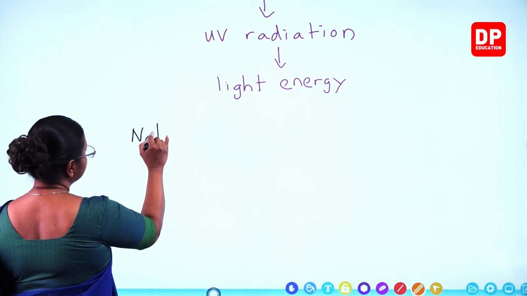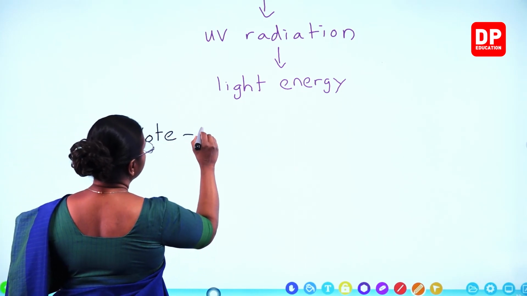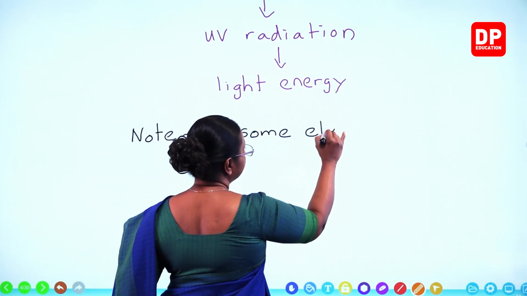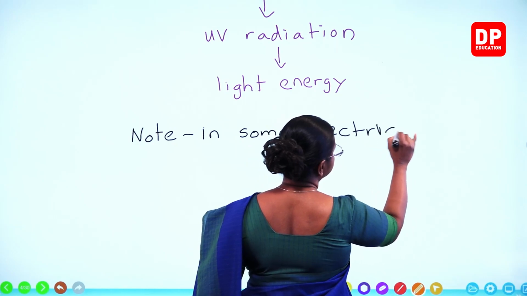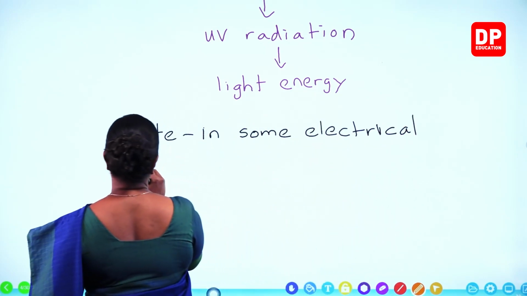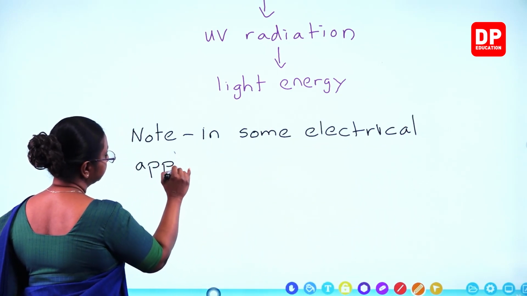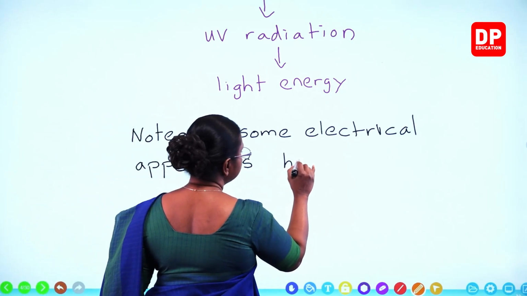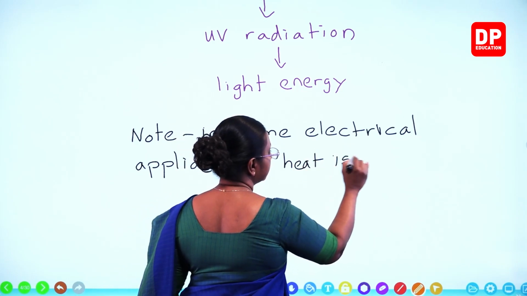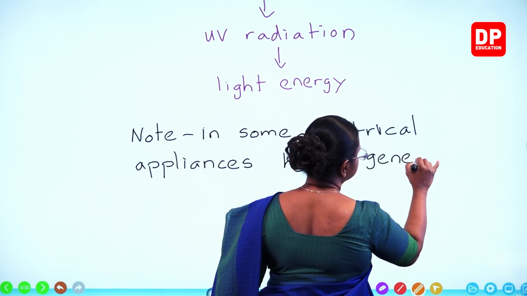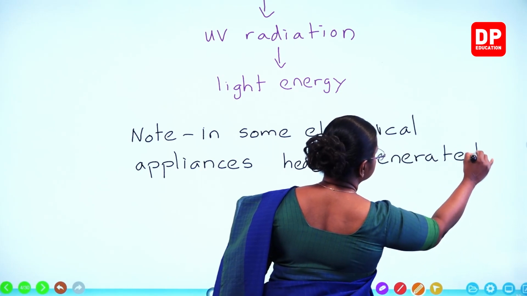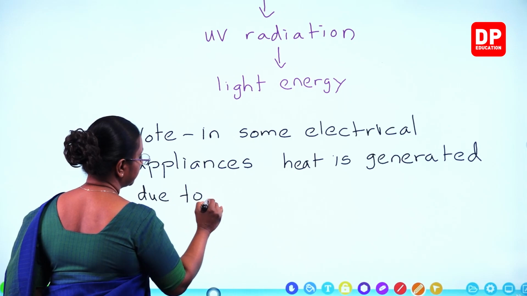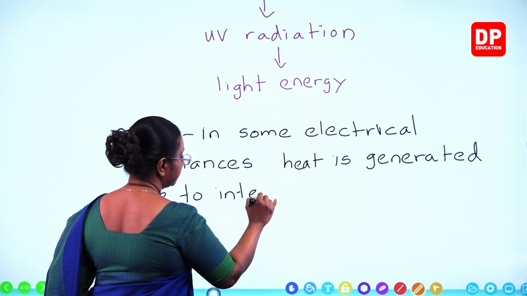So if we write that as a note, in some electrical appliances, heat is generated due to internal resistance.